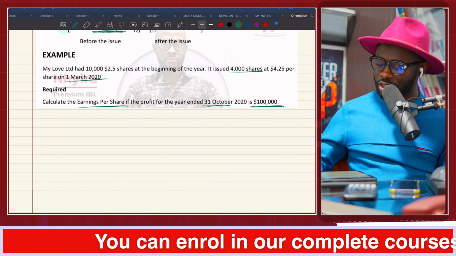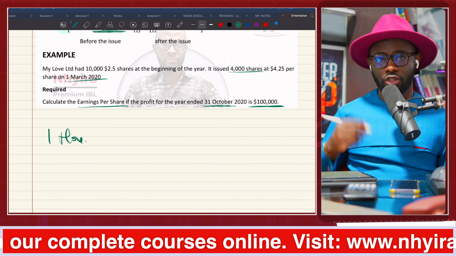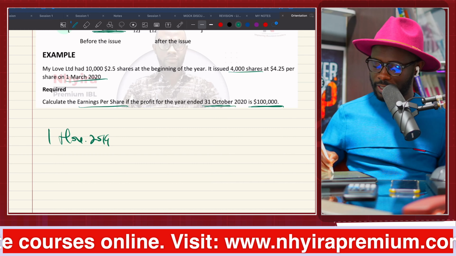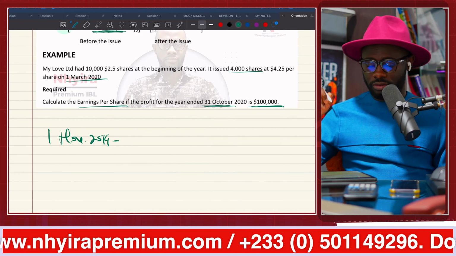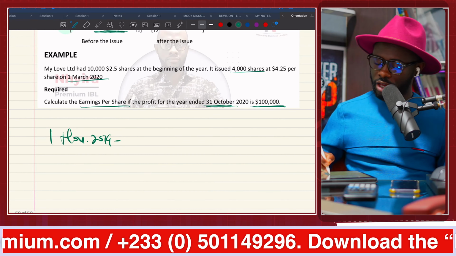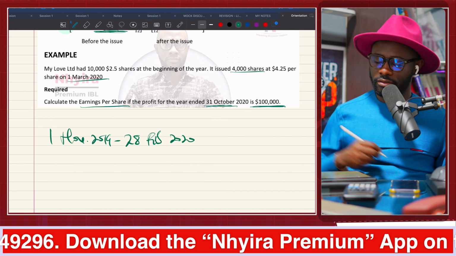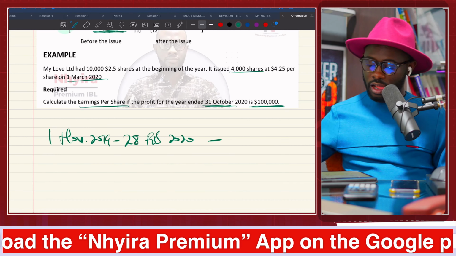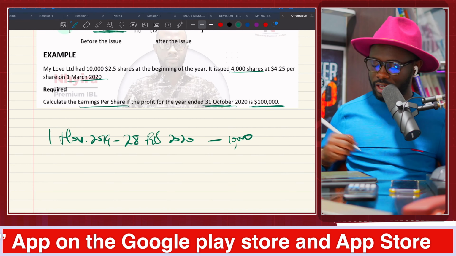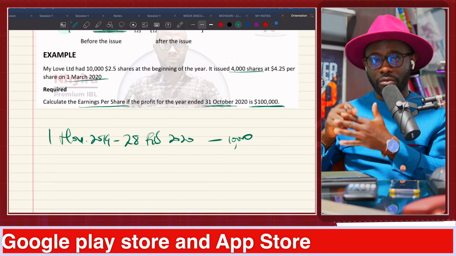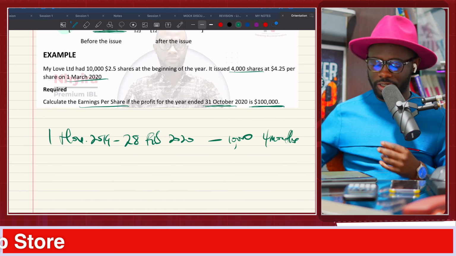If the year ends on 31st October, then it starts on 1st November. So from 1st November 2019 to 28th February 2020, since they did the issue on 1st March, how long is that, and how many shares were outstanding? 10,000 shares were there. November, December, January, February, that's 4 months.